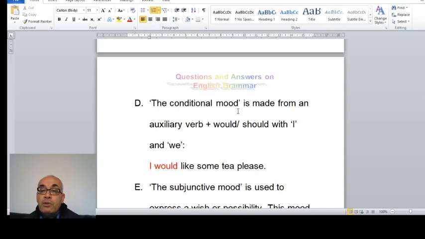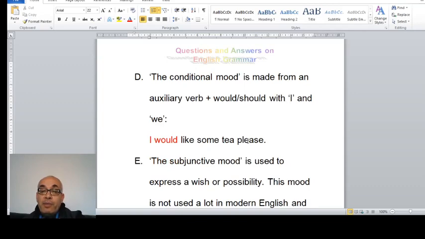The conditional mood is made from an auxiliary verb plus would or should with I and we. I would like some tea, please. So I is, this should be black because the verb is would. I would like some tea, please. Here I use I as a subject, as you can see, and I use would, which is the conditional mood.